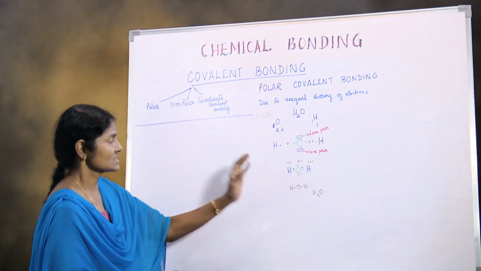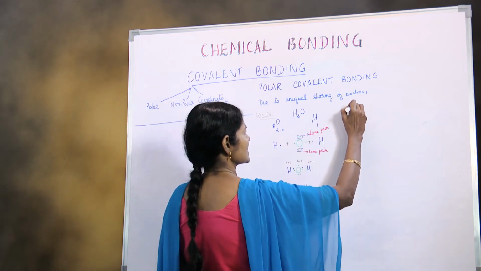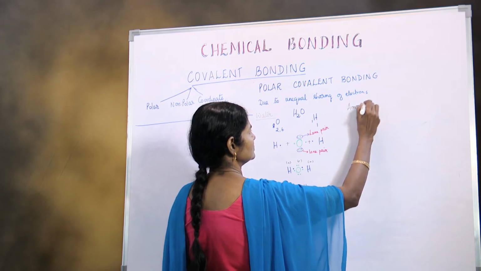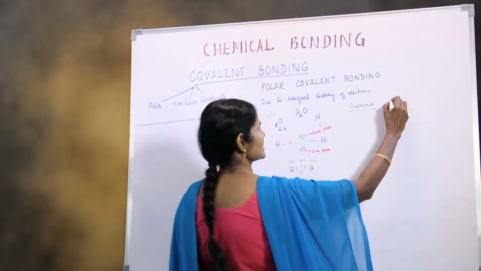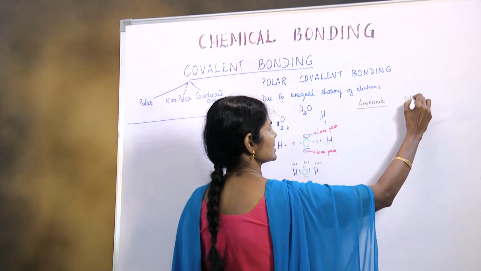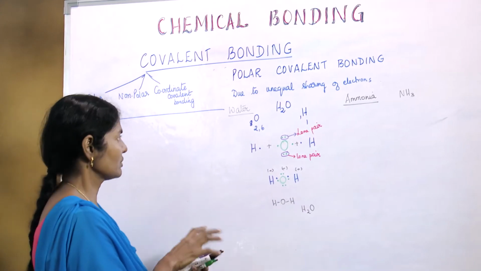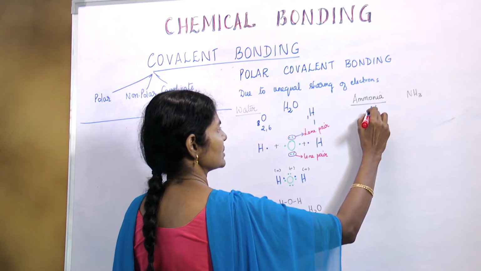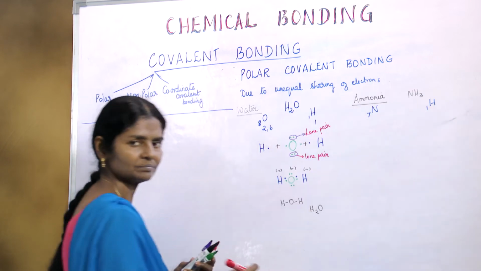This is water. Similarly, the next example is ammonia. Ammonia is NH3. It is between nitrogen and hydrogen. When we talk about nitrogen, the atomic number is 7 and hydrogen's atomic number is 1.